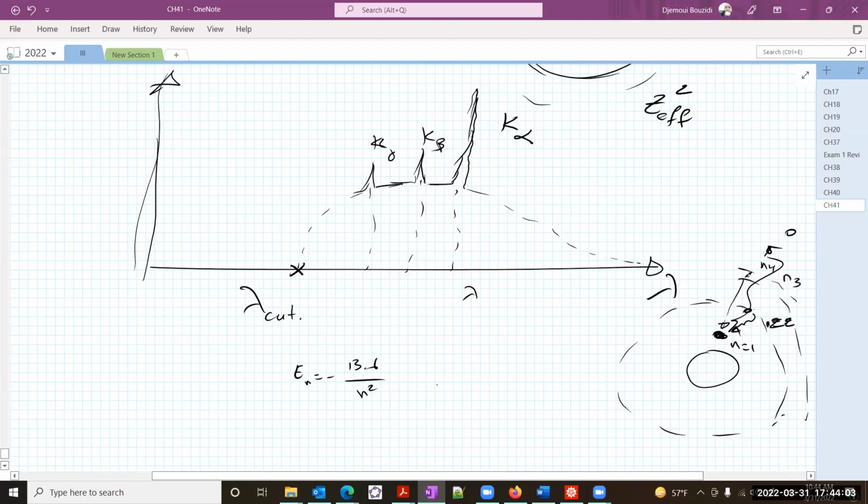So as n equals 1, it's negative 13.6. But as n equals 2, it's negative 13.6 divided by 4, which is 3 point something. As n equals 3, this is 1 point something. As n equals 4, this is actually 0 point something, and so on and so forth. So the gap starts to shrink between them.